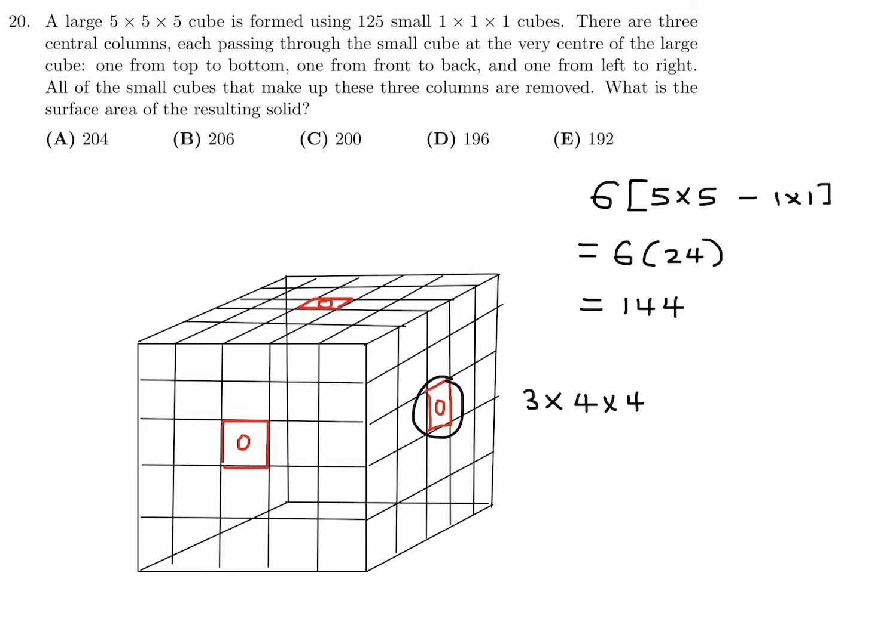So 3 times 4 times 4, what is that? 16 times 3, which is 48. So I have to add this 144 to the 48, and when I do, I get 192. And I believe that's it. Number 20, the answer is E.